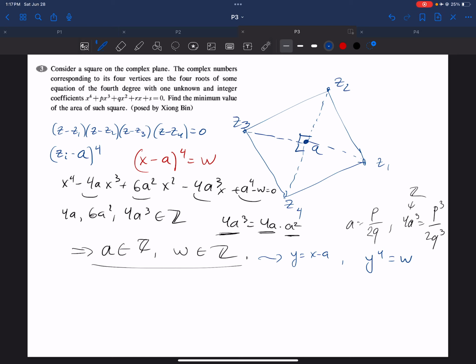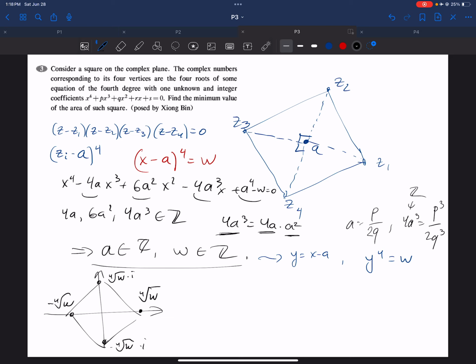Well, then we're done, basically, because if we draw the complex plane, then solutions to such an equation are here, like this, where we have the 4th root of w here, and then 4th root of w times i, minus 4th root of w, minus 4th root of w times i.